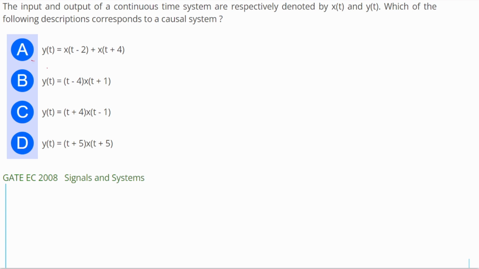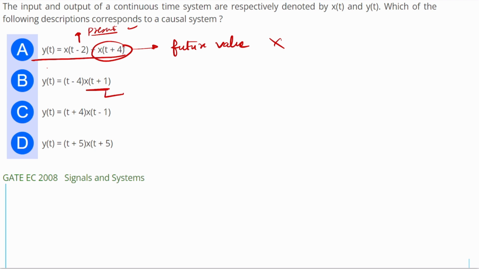Now, if we see option A, this is on the present value, right? But this system is depending on future values, so it is a non-causal system. Now this system, t minus 1, x of t plus 1, again future values, it is a non-causal system.